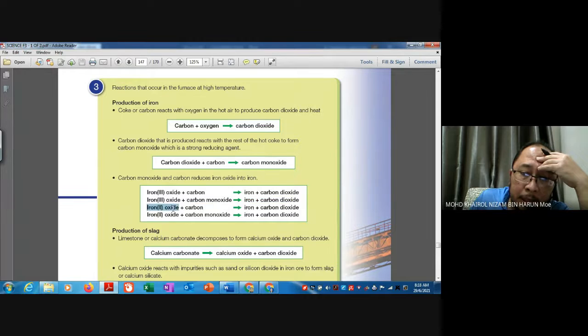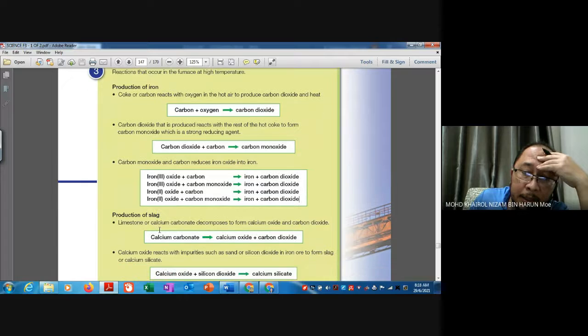Iron(II) oxide with carbon will produce iron and carbon dioxide. And the last one, iron(II) oxide reacts with carbon monoxide to produce iron and carbon dioxide.